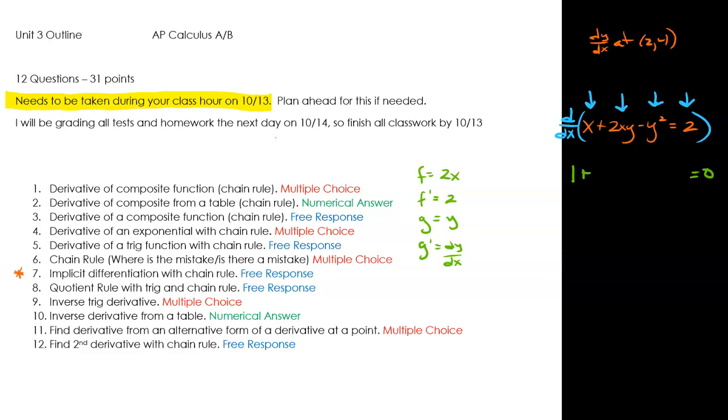So my product rule for 2xy would be f g prime, 2x dy dx, plus g f prime, which would be 2y. The derivative of y squared is 2y dy dx.